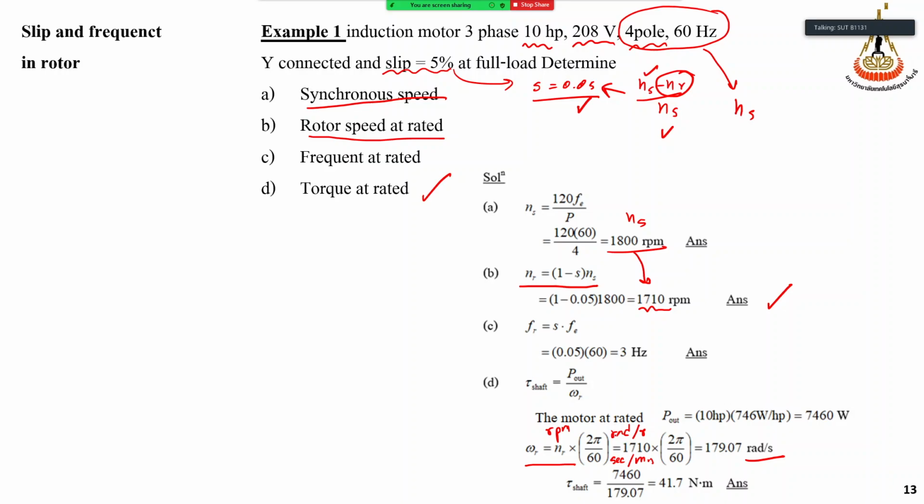From rounds per minute we get radians per second. We get this value in radians per second.